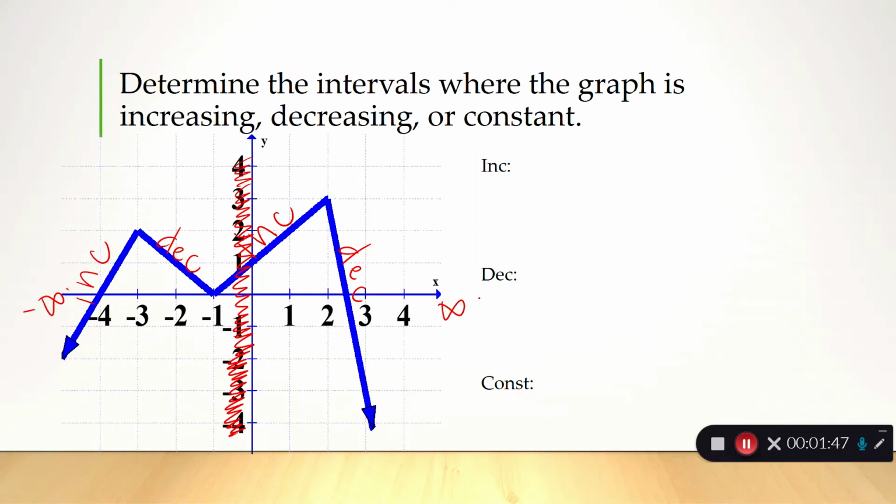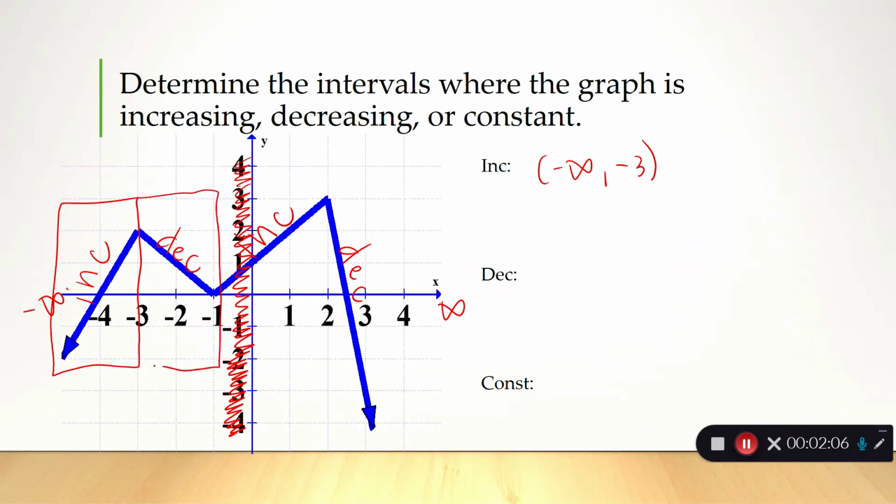All right, so our first interval here is this portion of the graph. We are increasing, and that is from negative infinity to x equals -3. Only use x values. Then we start decreasing in this section of the graph, so from x equals -3 to x equals -1.